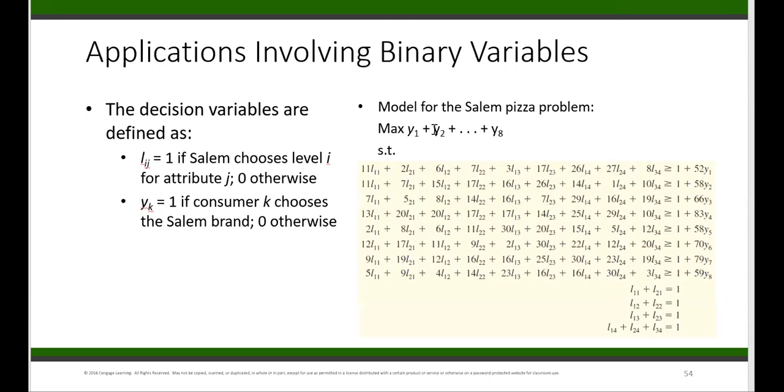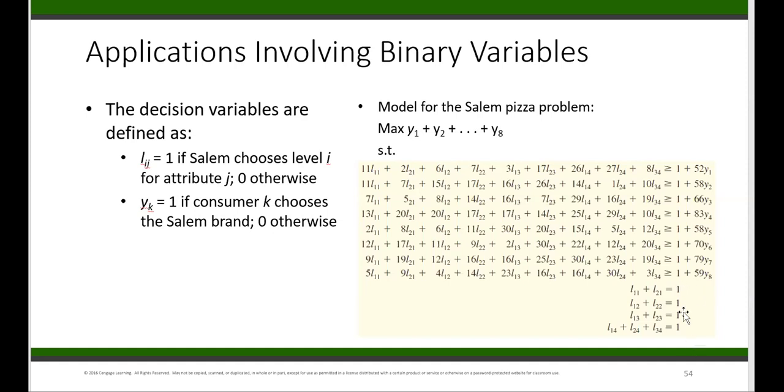Out of these 8 people, we want to maximize the number of people that are going to buy our product, right? So maximization of all these Y_Ks is going to give us the maximum number of people out of these 8 that are going to come and buy our product. But we have to make a connection here, connecting Y_Ks and L_IJs. We have to make this connection.